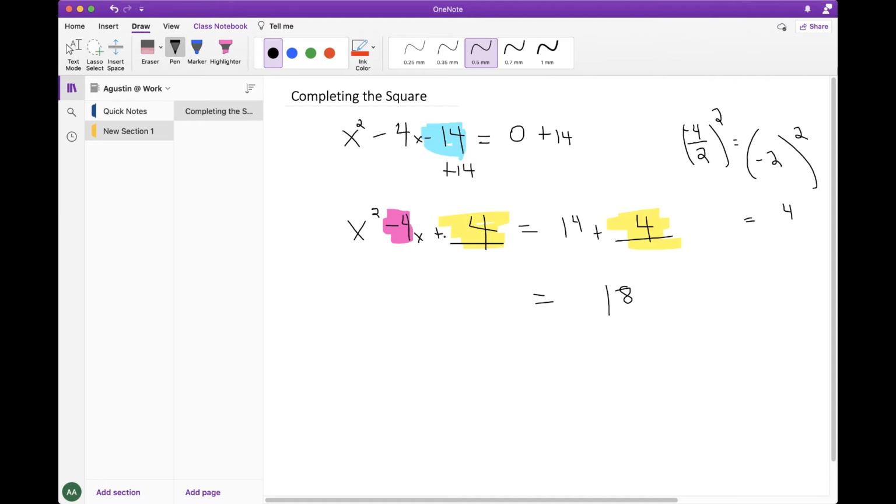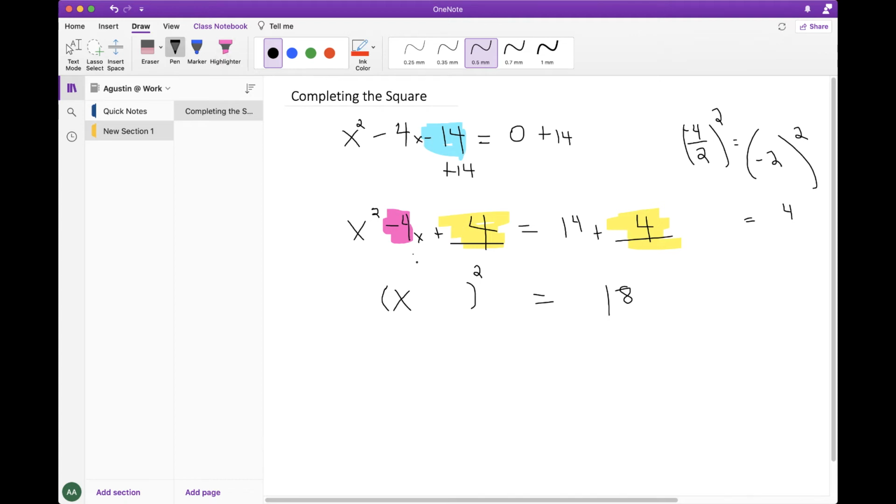So the reason I did that is because now this can be factored into something that multiplies times itself. So something squared, okay? And that something is actually very easy to factor now that I did this. There's a little bit of a shortcut. This is going to be just x, because that's the way to get x squared, right? You could do it the long way, but this is the shortcut.